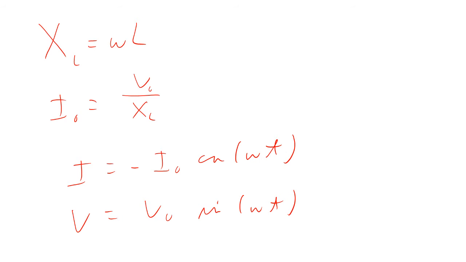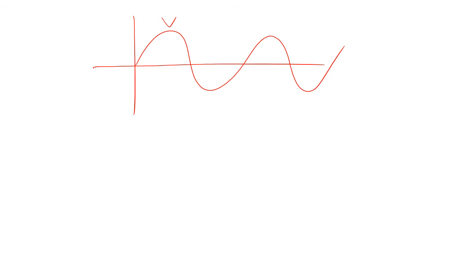So if we were to graph that, if that's the voltage, then the current lags behind the voltage by pi over 2. And so we would say that the current is lagging voltage.